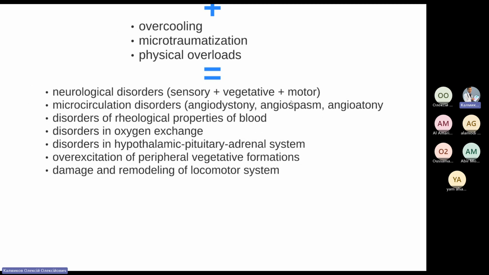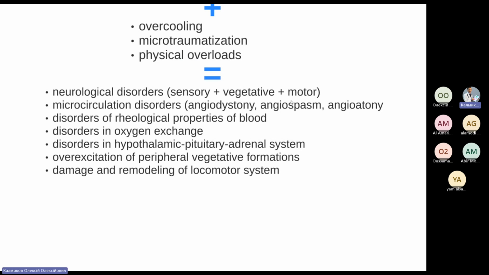So angiodystony, this is disturbance of vascular tone. This means that they could be both sides disturbances, both enlargements of the vessels and the spasm, and they may be abnormal and even paradoxal reactions, when some person stays in hot environments but develops angiospasm.